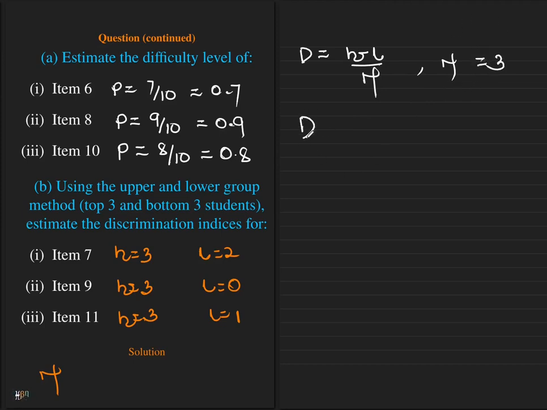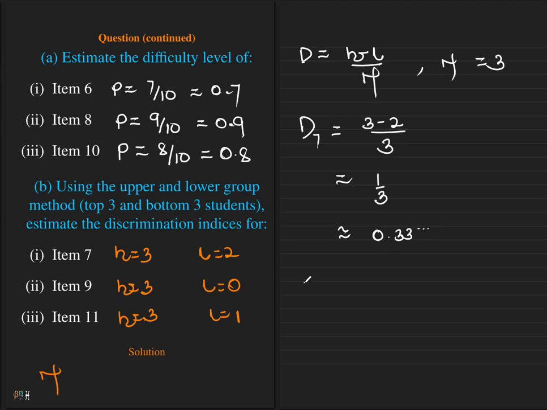So the index for item 7 is H, which is 3, minus L, which is 2, all over how many students you have in that group. We have 3 students. If you evaluate this, you get 1 over 3, which is approximately 0.33, and it's continuous, so 0.333.